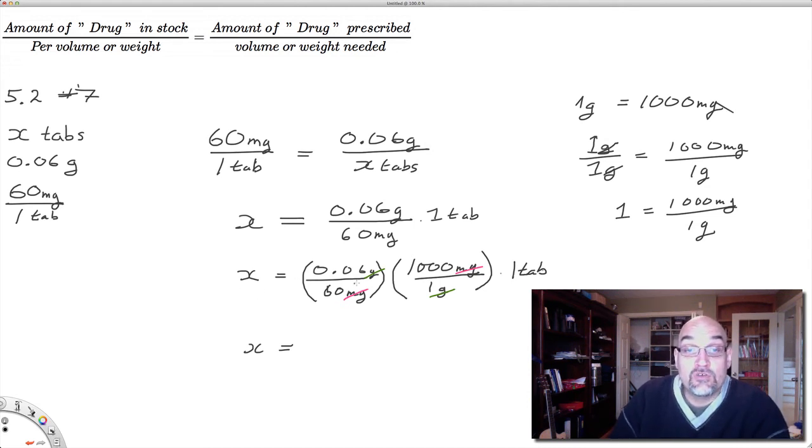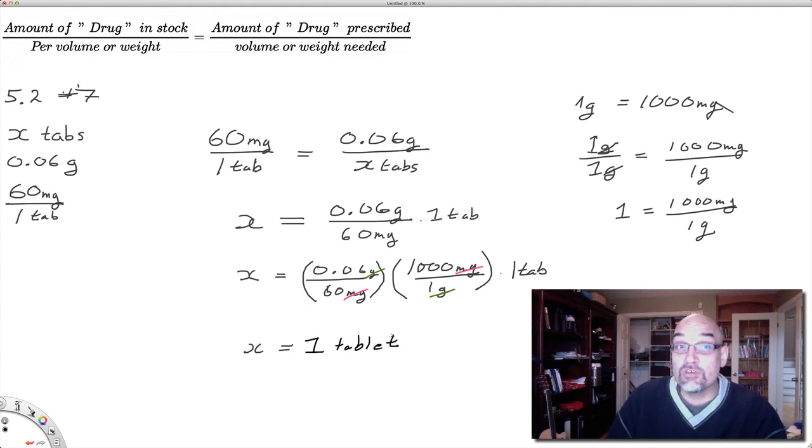And so the units do work out this time. Now you can use a calculator, or an easy way to multiply by 1,000 is to move the decimal 3 places. So 1, 2, 3, so there's going to be a 0, so I'll have 60 over 60, which is equal to 1. So X is just going to equal 1 tablet.